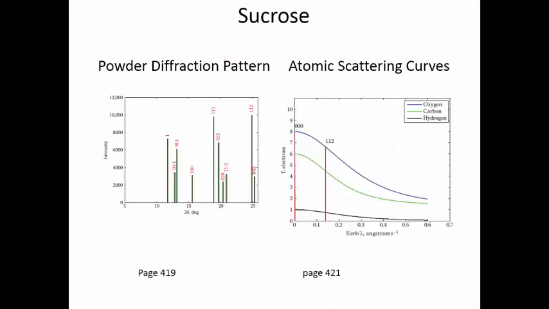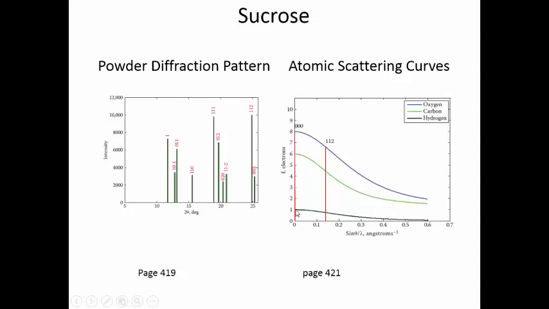Now, I have done sucrose, for example, and for the homework that you had for last time, you calculated this curve, and what we're going to do is look at just the highest reflection. In this case, it's the 112, and here are the scattering curves. Sucrose has oxygen, carbon, and hydrogen in it.